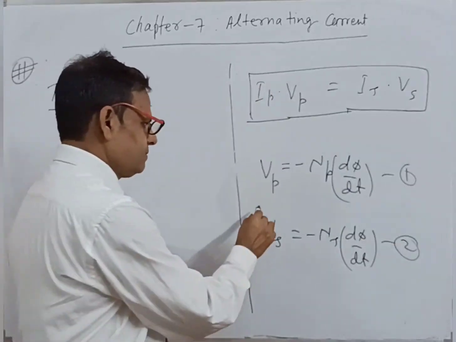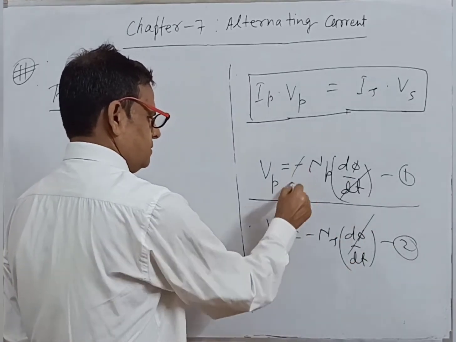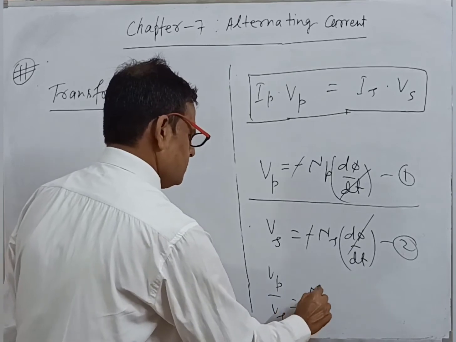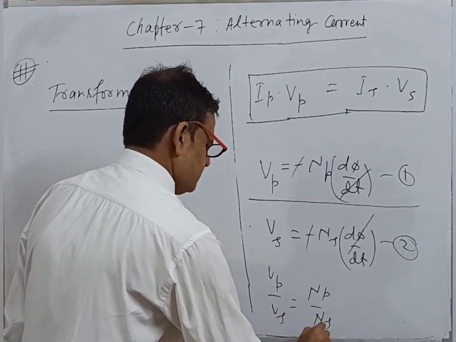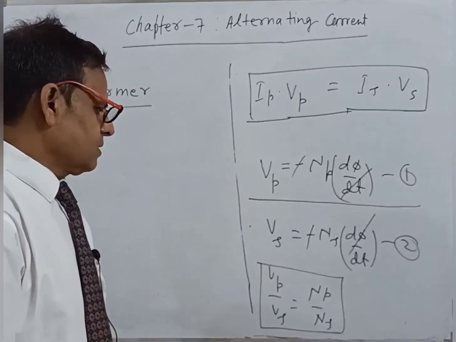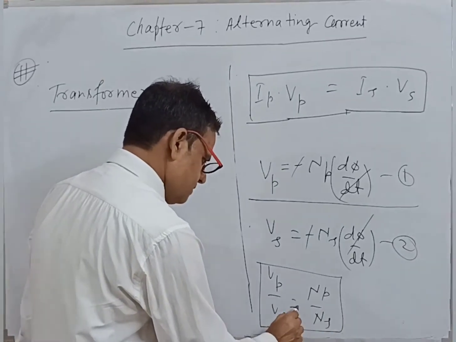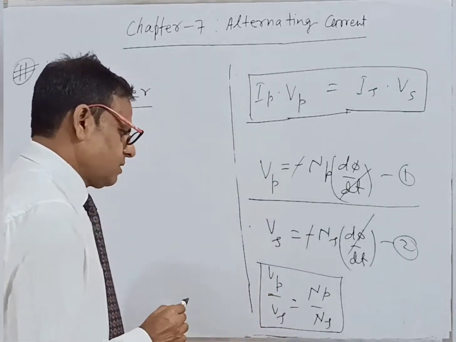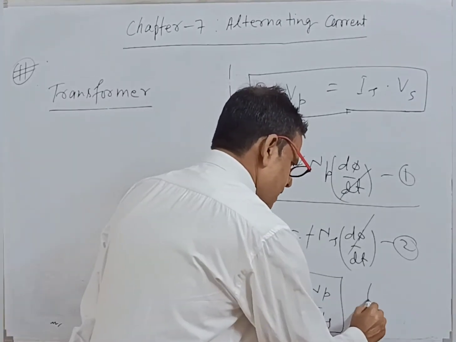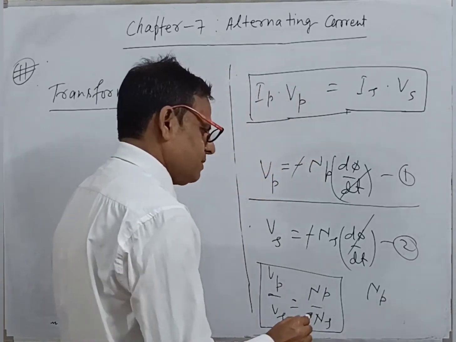If you divide, then this is cut and you will find that Vp by Vs is equal to Np by Ns. You should know very well when step up, step down.